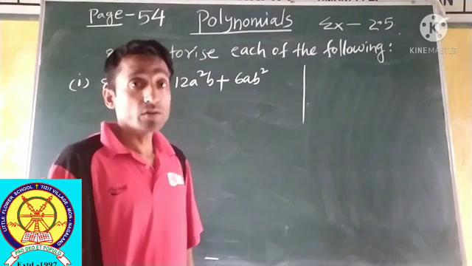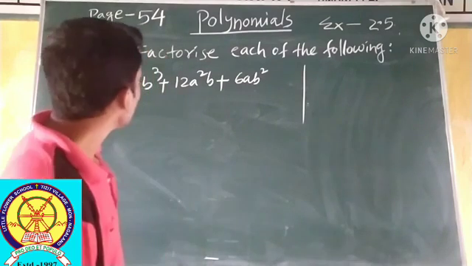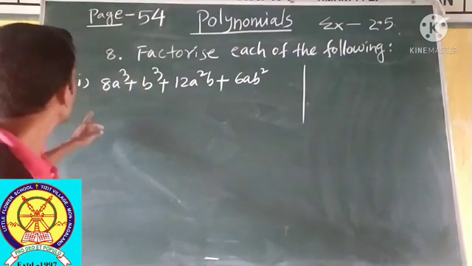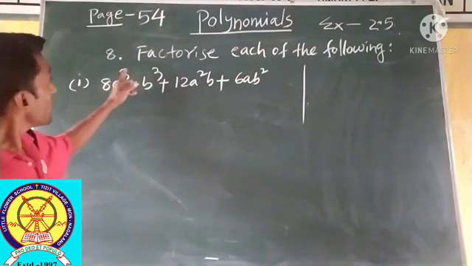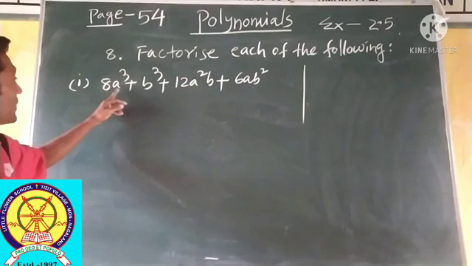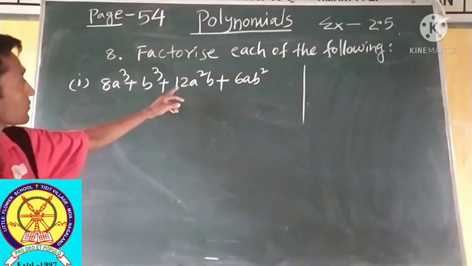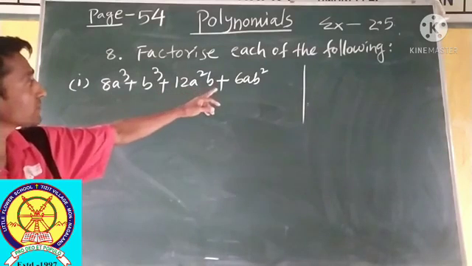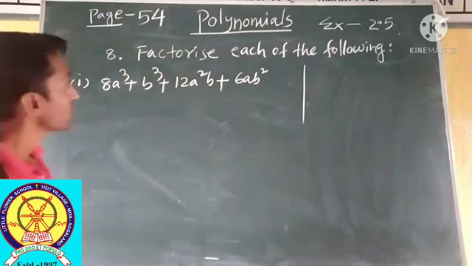Now I will teach you the next question. The question is: factorize each of the following. Number 1, a cube plus b cube plus 12a square b plus 6ab square.